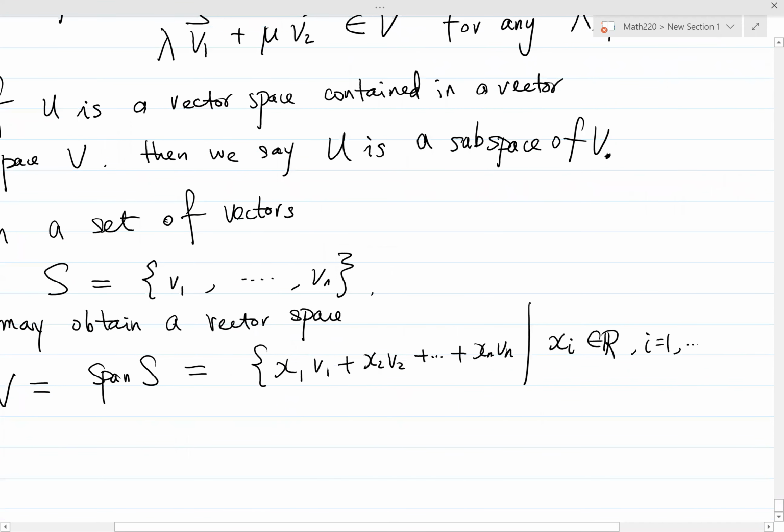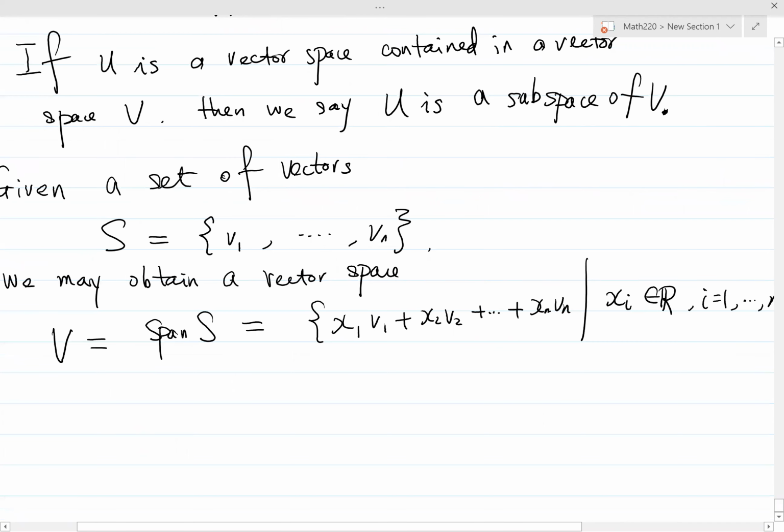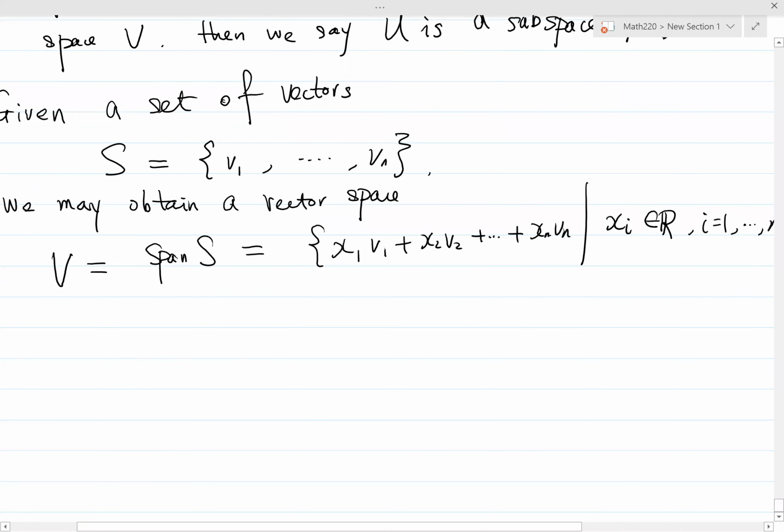So we use linear combinations of vectors to construct a vector space.